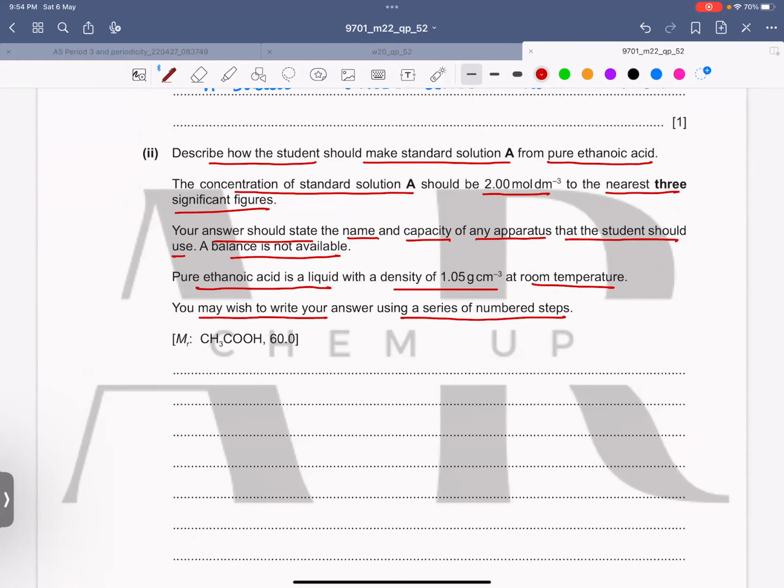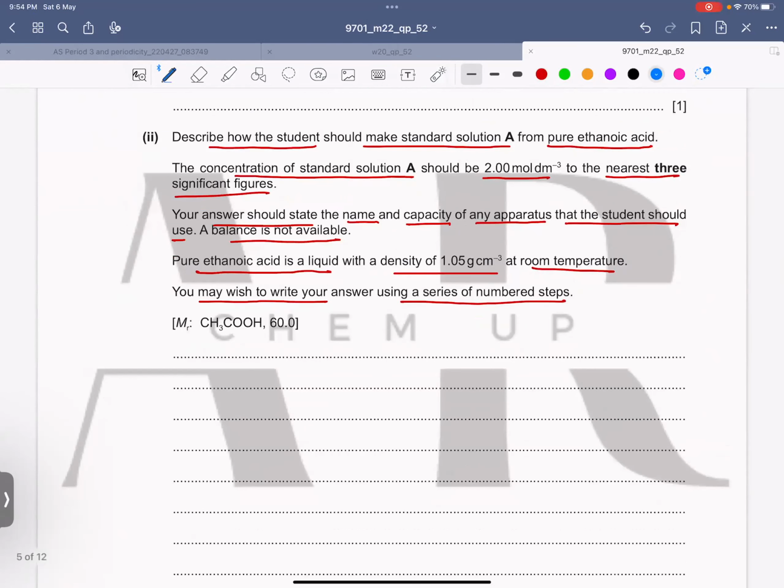So this is 1.05 grams per centimeter cube, right?